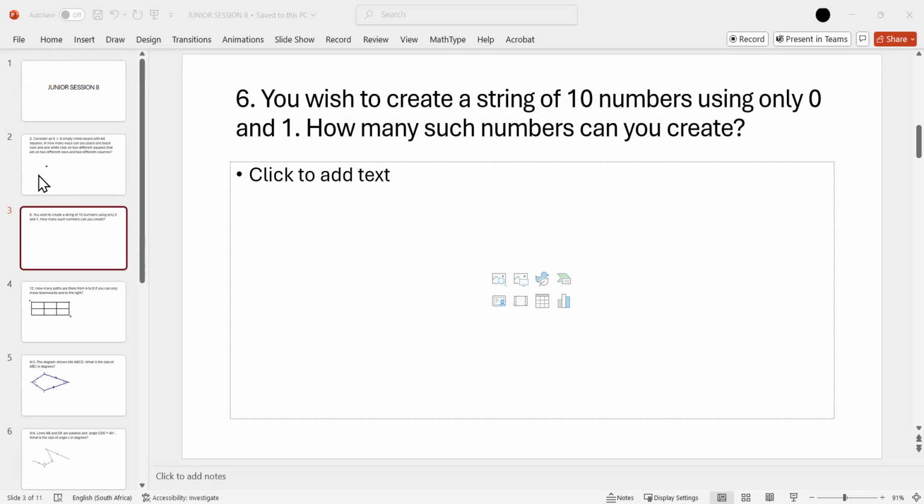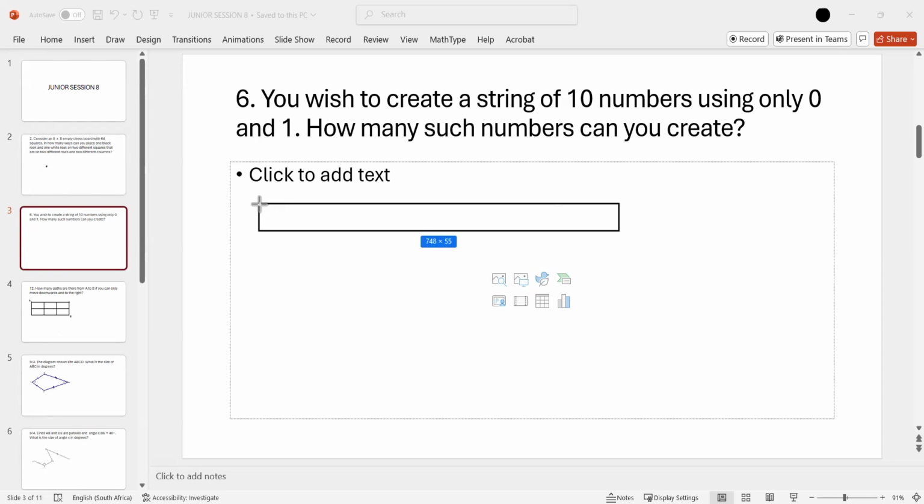Now we've done this, what we call the first counting principle and the second counting principle. I hope you remember that, because we use this quite often. You have to create a string which has only zeros and ones in it.